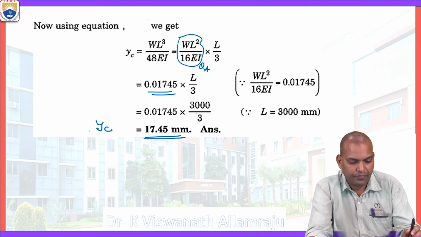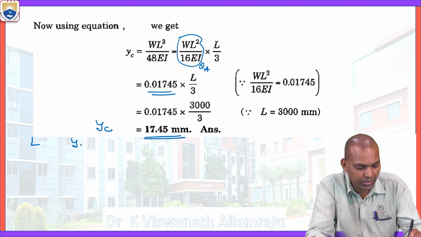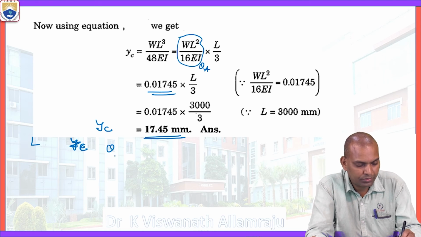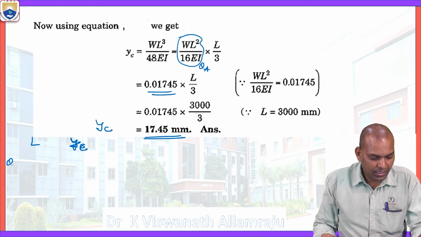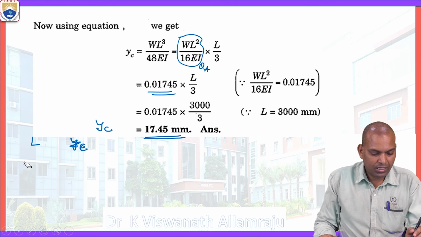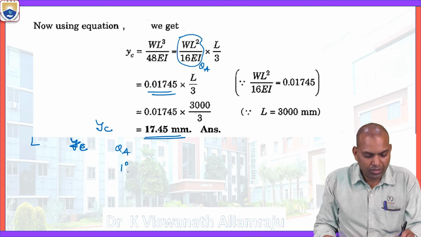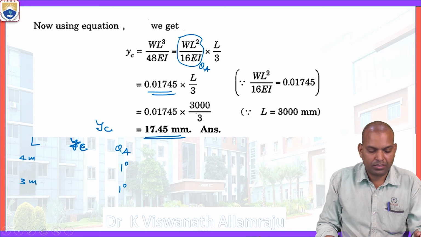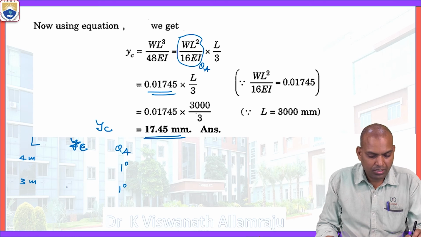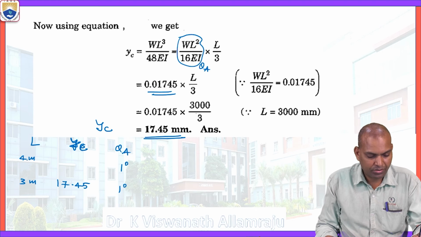In the previous problem, if we observe L versus deflection at the center and slope theta A in a table, theta A remains constant at 1 degree for both cases. L is 4 meters in one case and 3 meters in the other. For 3000 millimeters, the deflection is 17.45 millimeters.